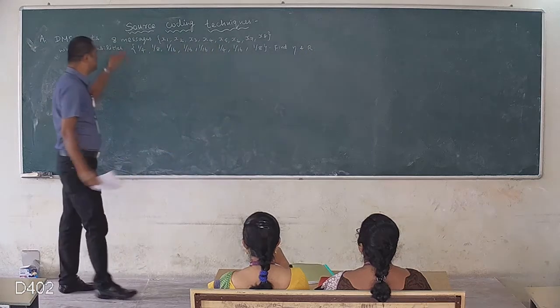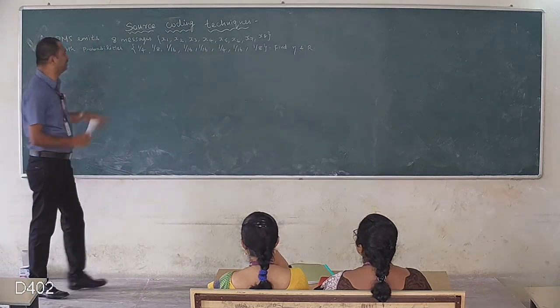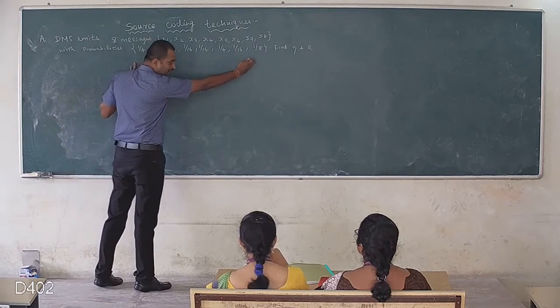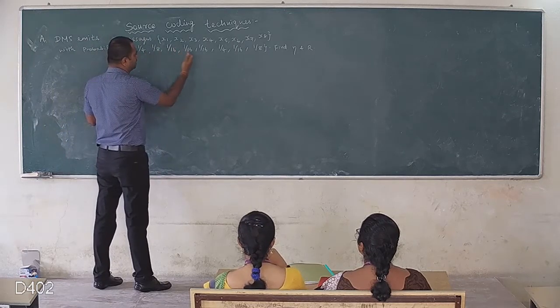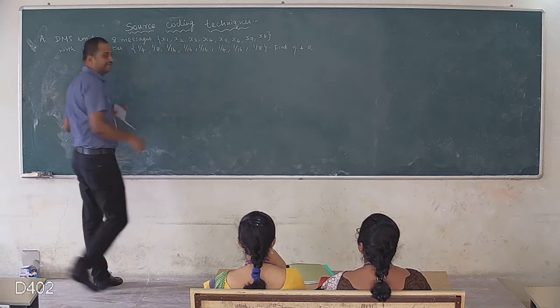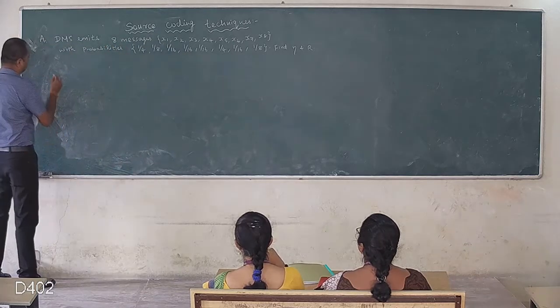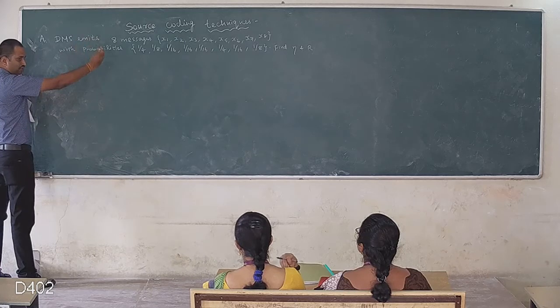First, you have to write the messages in descending order of probability. You have to look at whether the messages are in descending order. 1/4, 1/8, 1/16. It's not in descending order. You have to make it in descending order. So what I do is I'll write the messages, probability, encoded message, and code length.